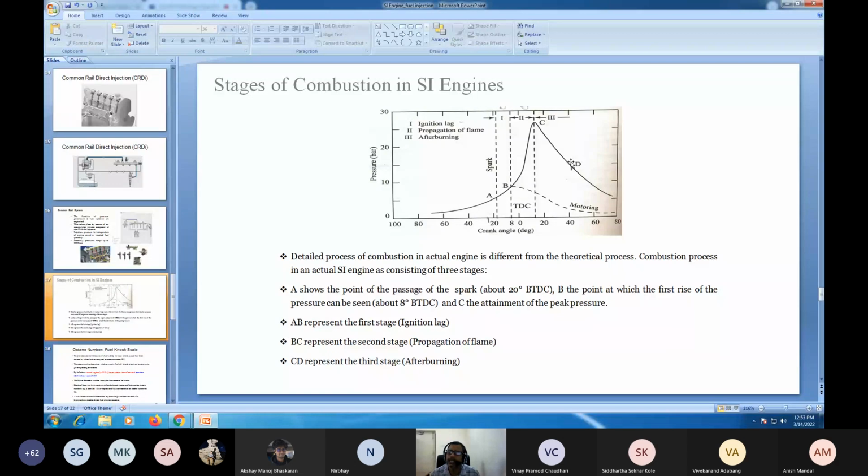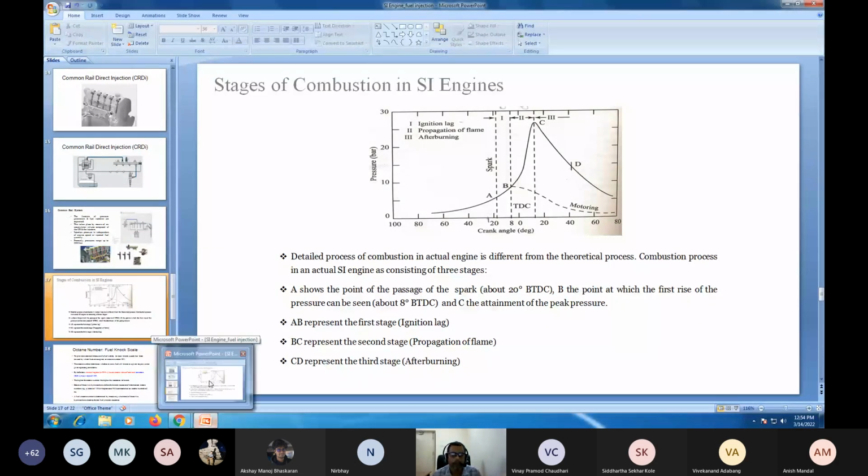There are no straightforward rules by which we can put the boundary or the point D. More precisely, it can be done with the help of visualizing the combustion internally. That is possible, but it requires a very sophisticated experimental setting. So that's the way it can be done.